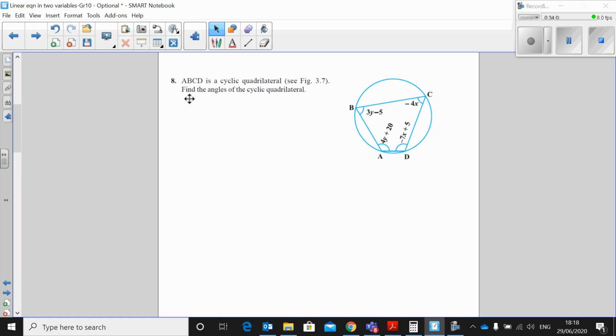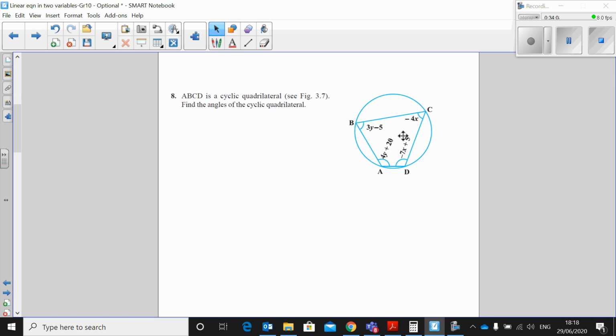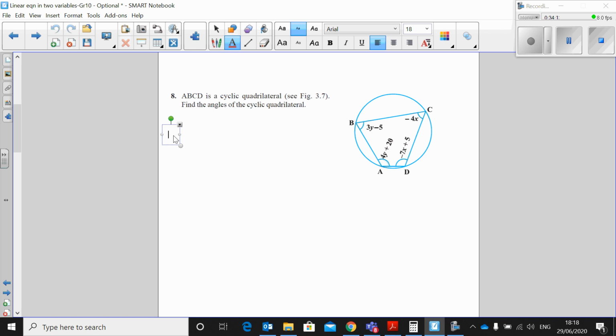In a cyclic quadrilateral, either pair of opposite angles are supplementary. That means the sum of angle A plus angle C equal to 180 degrees.